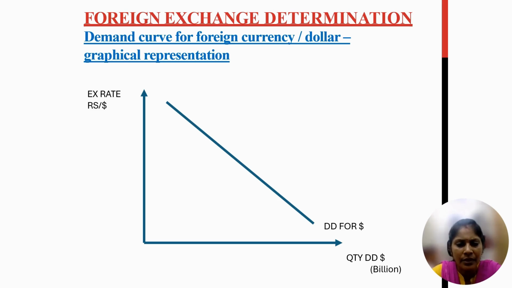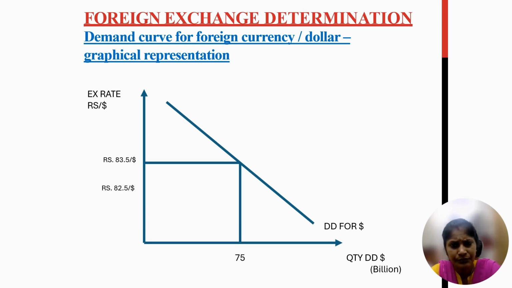Say for example, when the exchange rate is 83.5 rupees per dollar, the demand is 75 billion dollars.